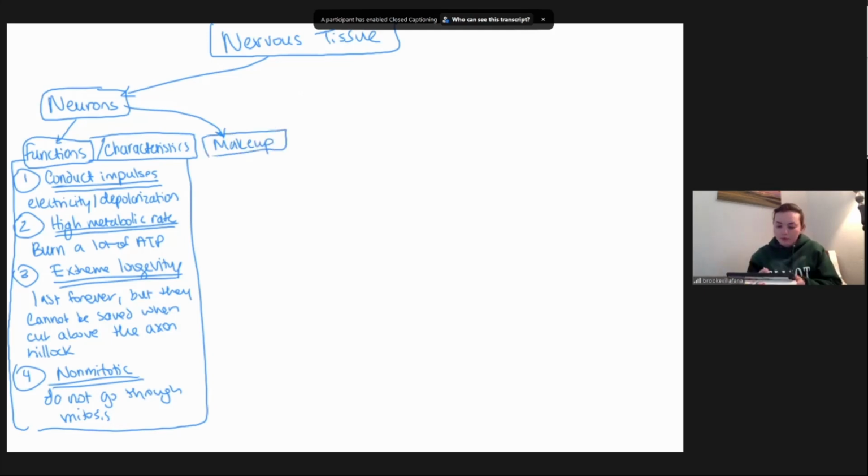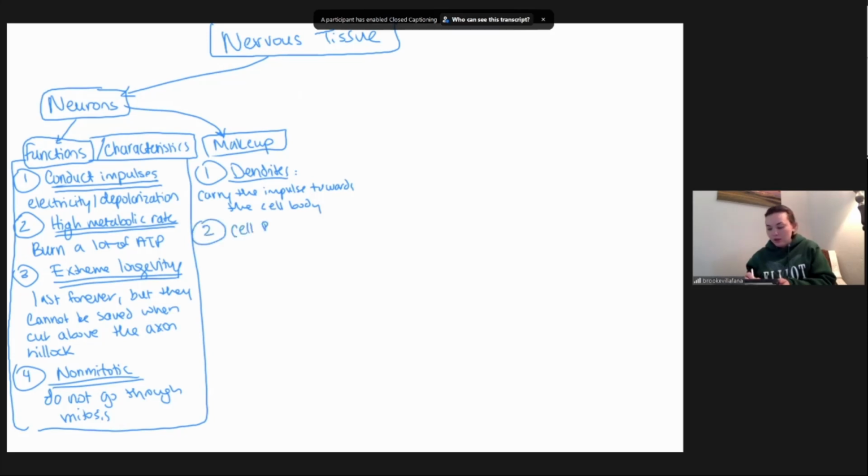So they're made up of 3 components: the dendrites. And you guys already know this, but maybe you don't know the function. So their function is to carry the impulse towards the cell body. So that's the function of the dendrite. So whether that impulse is motor or sensory, the dendrites are carrying it.